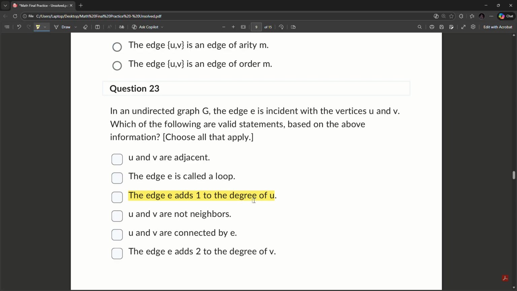The edge E makes a line coming out of vertex U, right? Like this. U, V, E. So now the edge E adds 1 to the degree of U, meaning there's one line coming out of U.